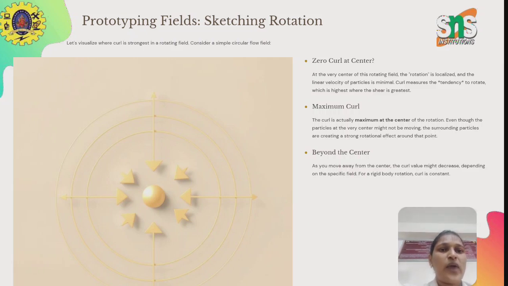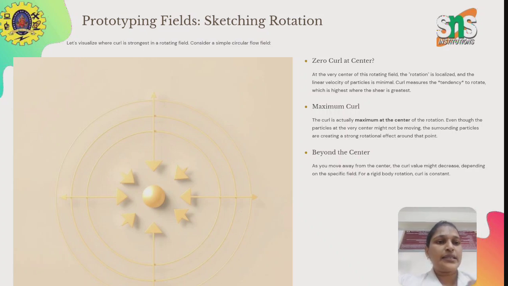Let's visualize where the curl is strongest in a rotating field. For example, if you take a bowl of water and swirl it, you can easily see the swirling of the water, right? Now we have to analyze where the swirling, the curl, will be at its maximum.